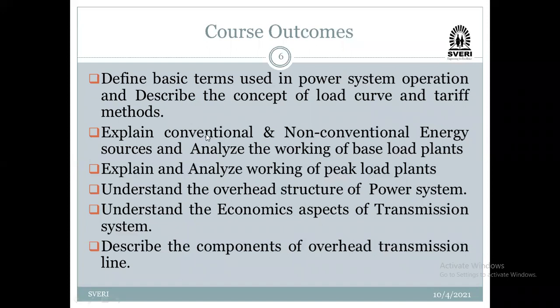Second, you are going to explain the meaning of conventional and non-conventional energy sources, and by taking the reference of this, how we are going to analyze the base load power plant with the help of its working.